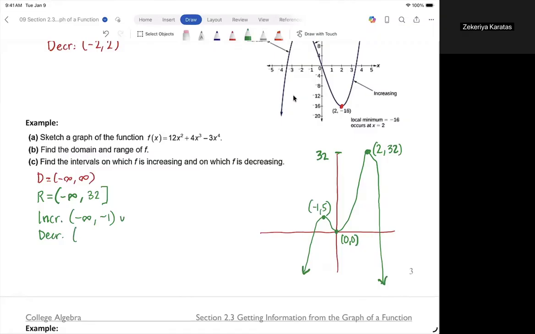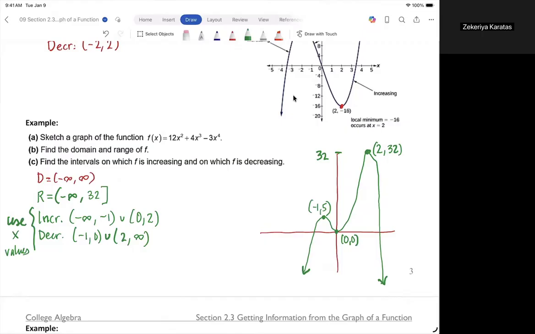Then starting from 0 up to 2, it's again increasing. Starting from 2 to infinity, it's decreasing. So guys, be careful here. I'm using x values, because you're using the intervals from the domain for this.